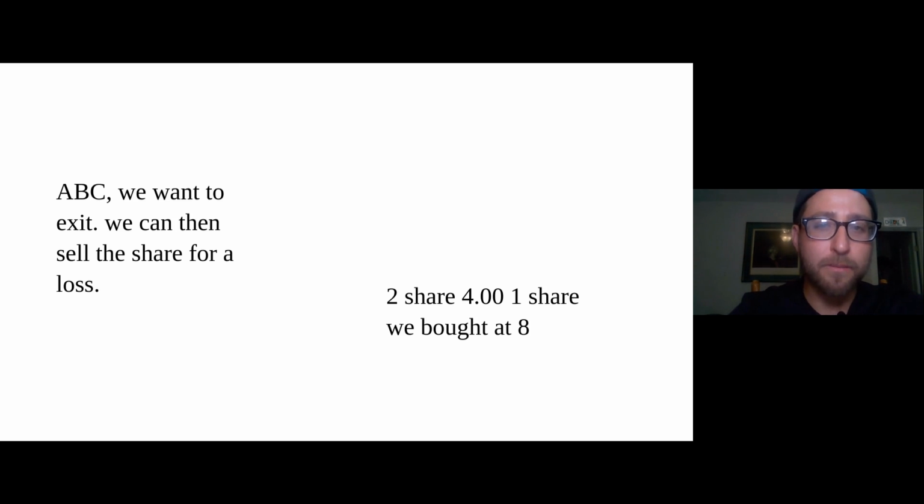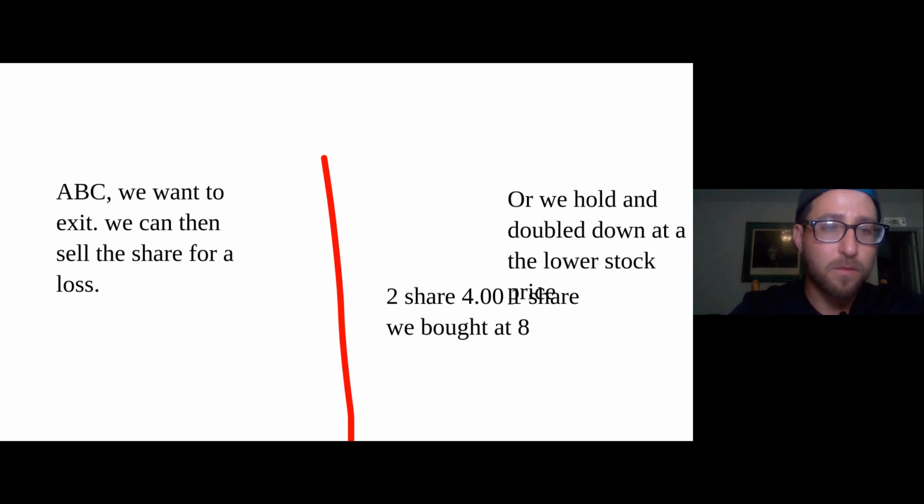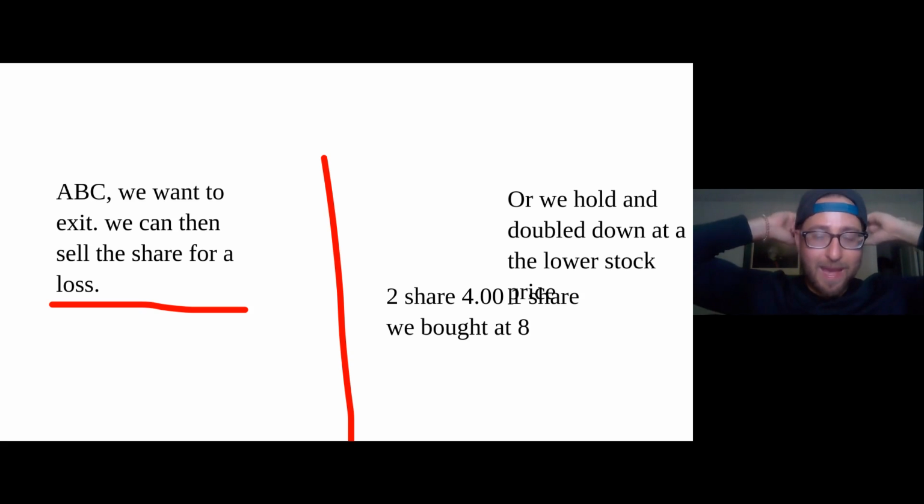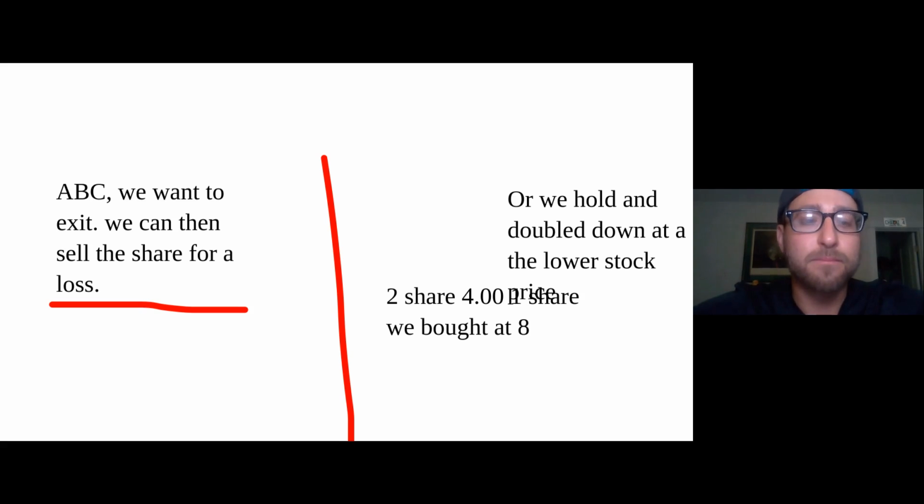We can either go here, sell, and exit the position. Since we added more money to our position, that's going to minimize our losses, and then we exit the position. Or we do this option here where we double down and leverage our position.